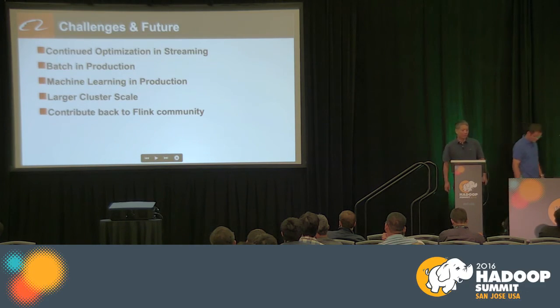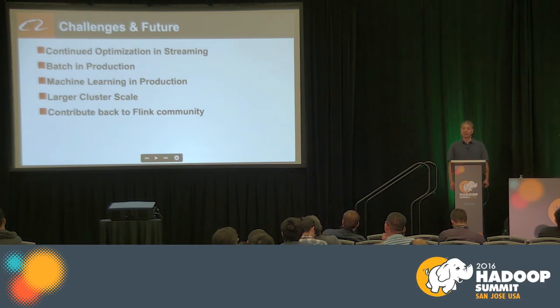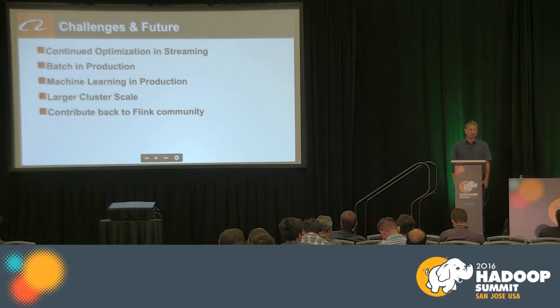Thanks, Ben. So we did a lot of work on Flink to make sure it's suitable for production use at a very large scale. And we want to continue our work. First, we want to continue improving the optimizations we are doing in streaming.